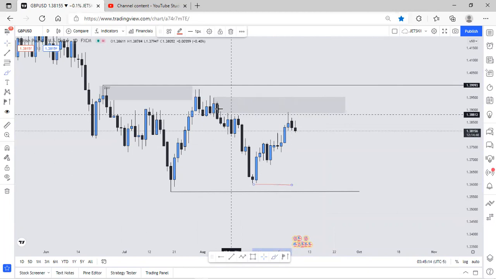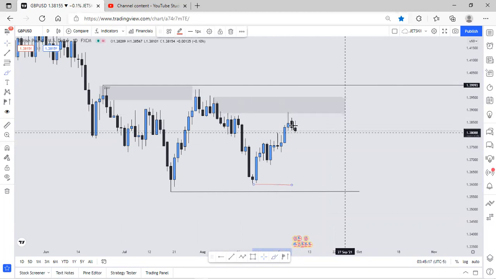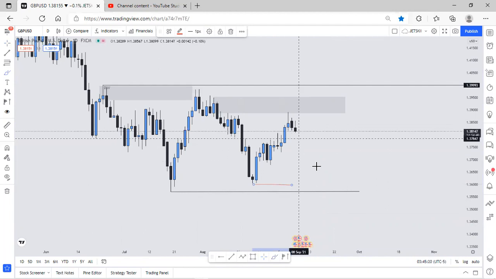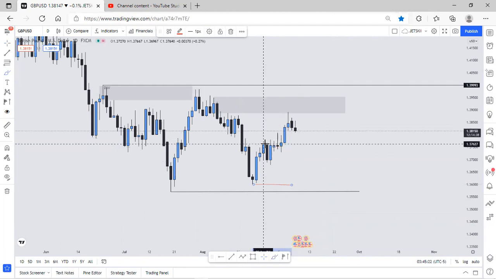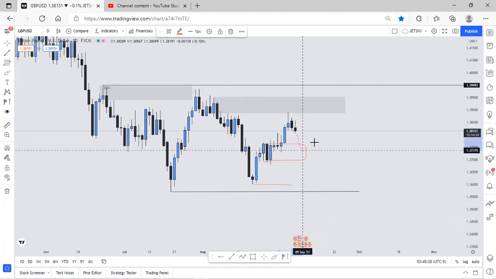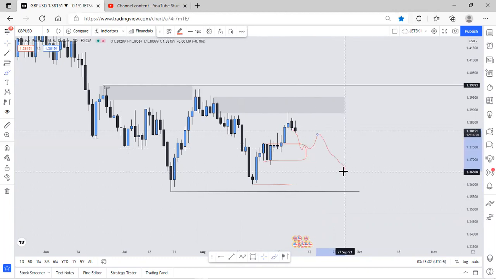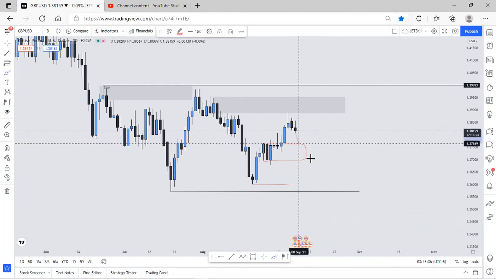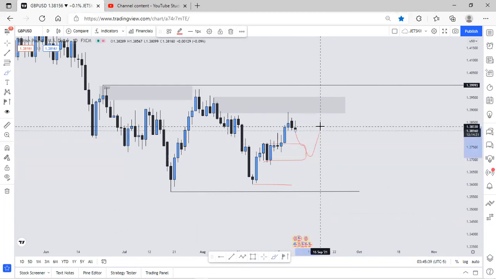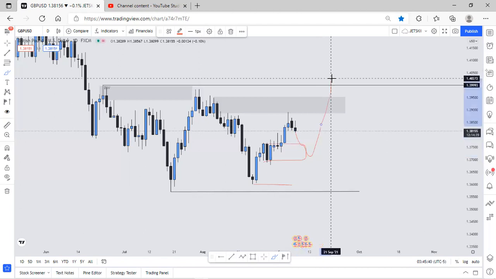So if that's our supply zone, we expect this market to come to trade lower. But again, we have another supply zone, demand zones around this area. So it's possible for this market to come, maybe drop even deeper, or it might come and maybe go higher and break the highs.